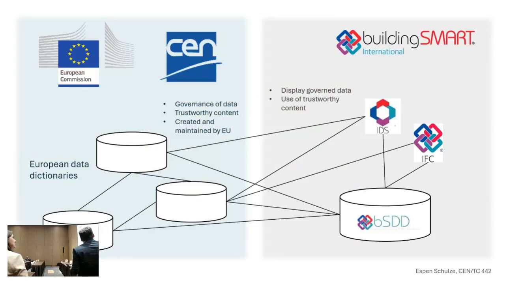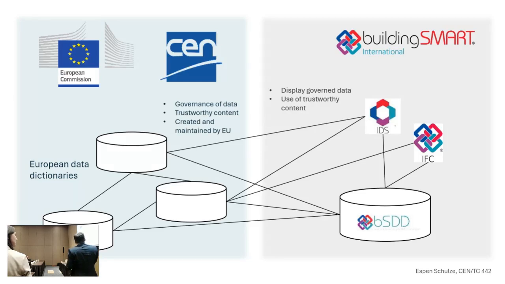I mentioned it before. It can be the buildingSMART data dictionary, but many others. The question is, which dictionary has content, which dictionary has quality, which dictionary is reliable. So maybe it's good there's a competition, and the one who delivers the best service will then be the chosen one, maybe for future applications.